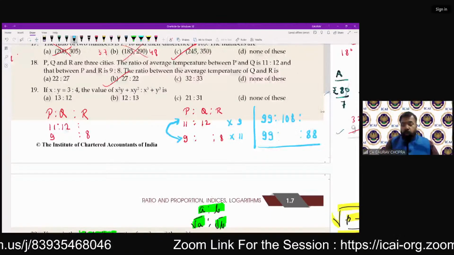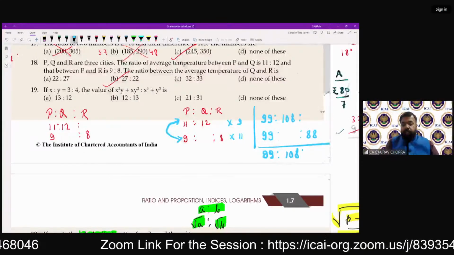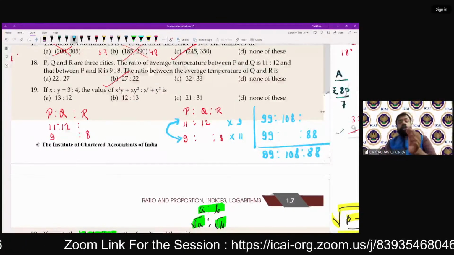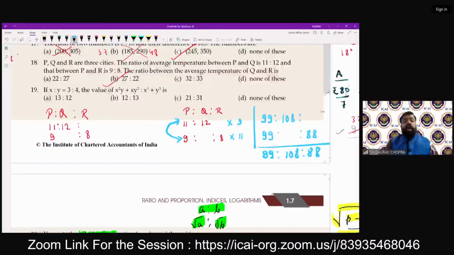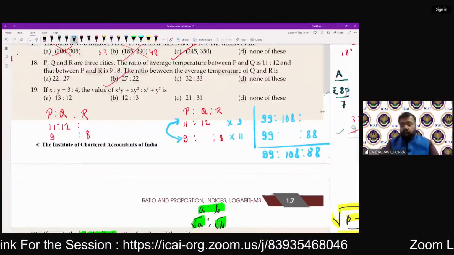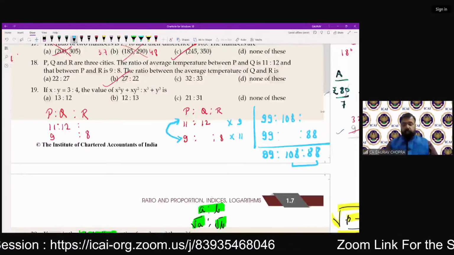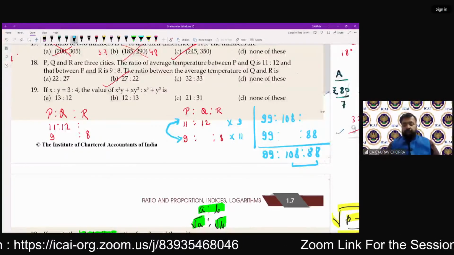Now, the required ratio will be 99, 108 and 88. So this is the ratio of P, Q and R. But we have to find out only the ratio between Q and R. So just compare 108 and 88.